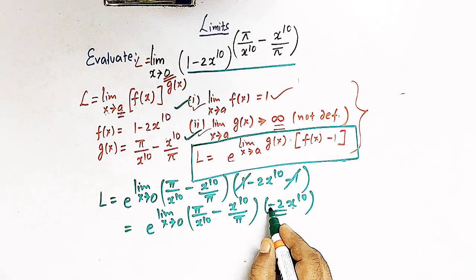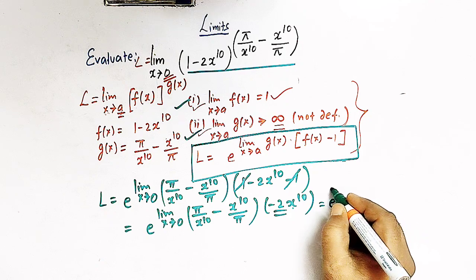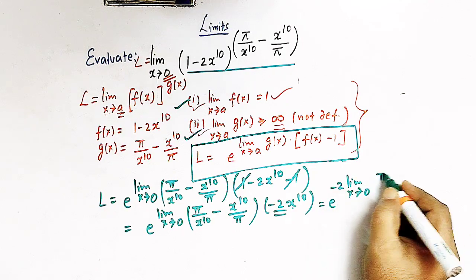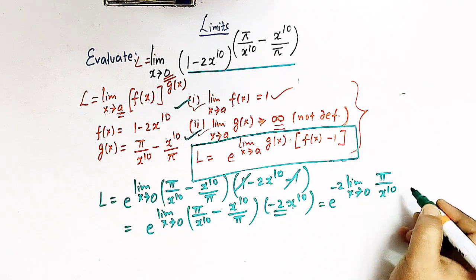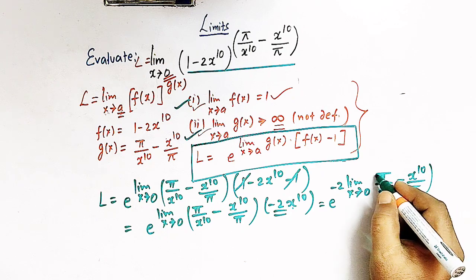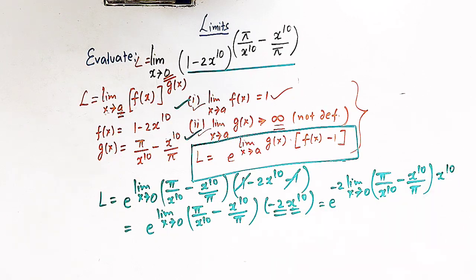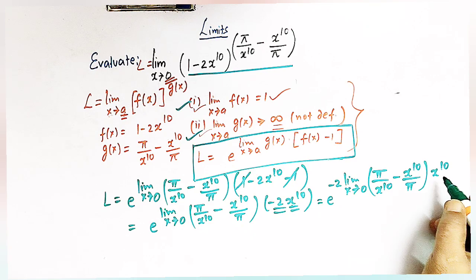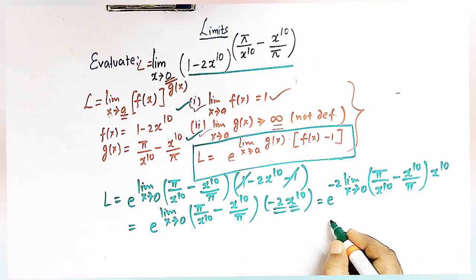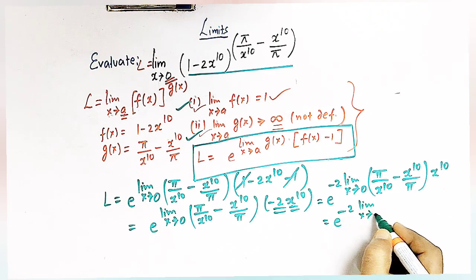So now we can take this minus 2 in front of the limit notation. So we have e raised to minus 2 limit x tends to 0, and we have pi divided by x raised to 10 minus x raised to 10 over pi, and here we are left with x raised to 10. So now multiplying x raised to 10 with these two terms, we have e raised to minus 2 limit x tends to 0.